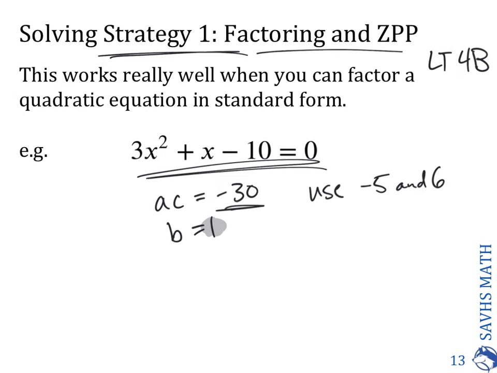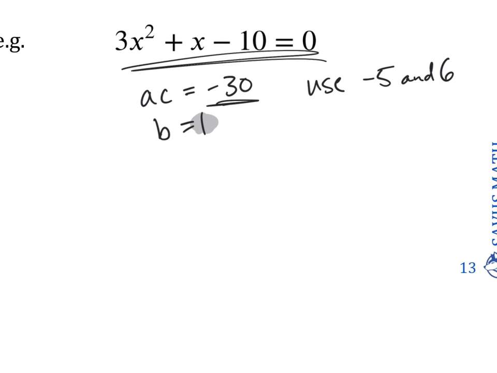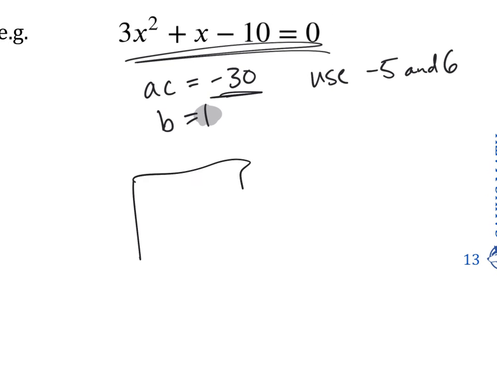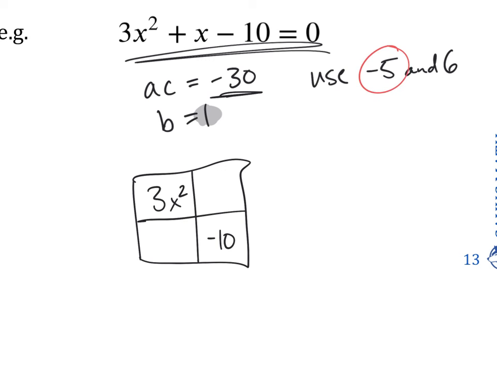Okay, in the box method, I'm going to put, that's not that good of a box. Okay, 3x squared here and negative 10 here. I'm going to use my negative 5x and my 6x here. Okay. What's common between these two terms?